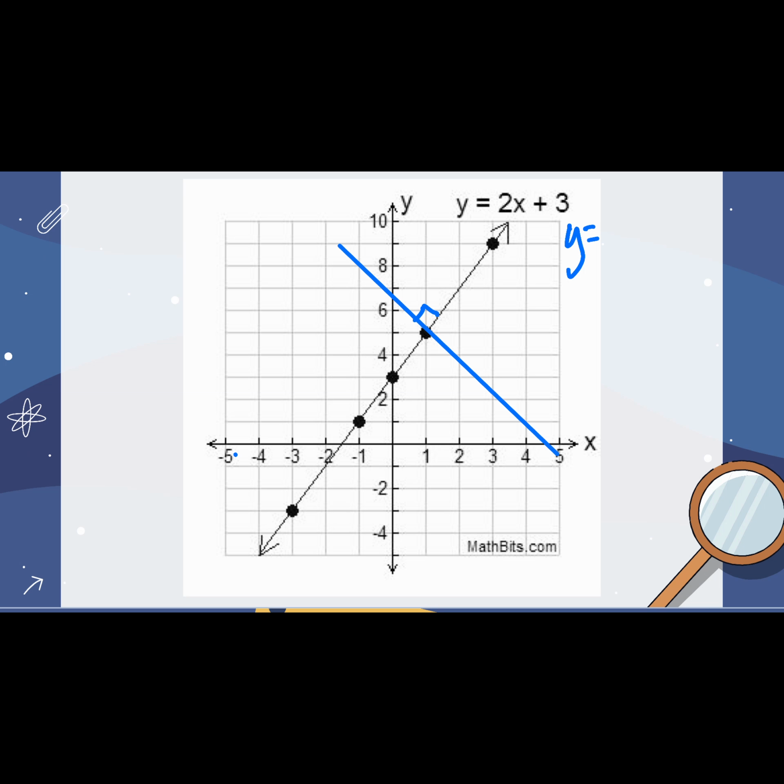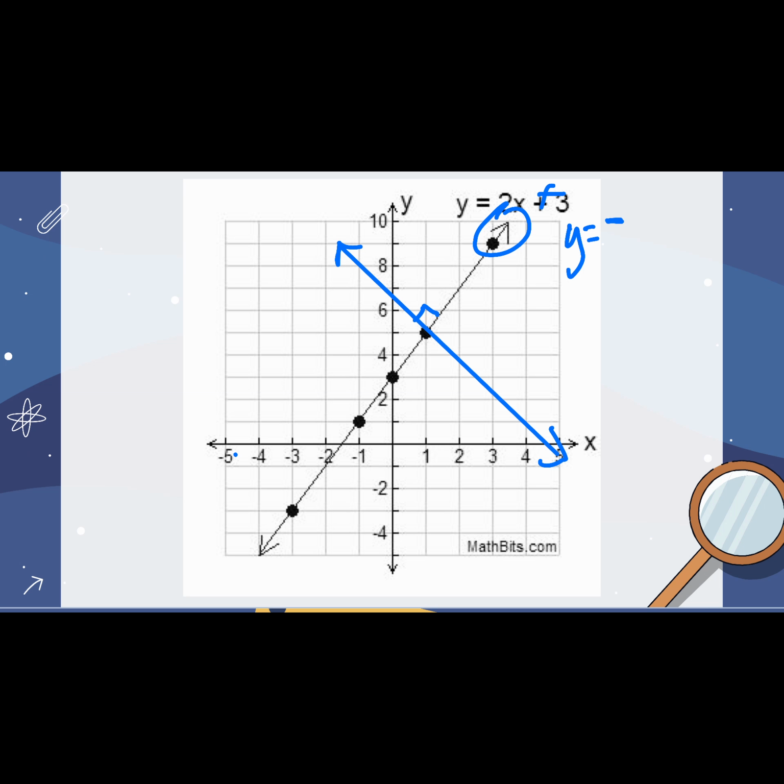What do we think? Is our slope going to change if we're writing a perpendicular line? Yeah, it's going to change. First thing, our original line is going in the positive direction. Our perpendicular line is going in the negative direction. So we know that it has to change from positive to negative or negative to positive, whichever way around.